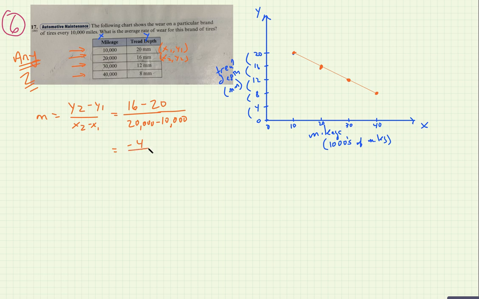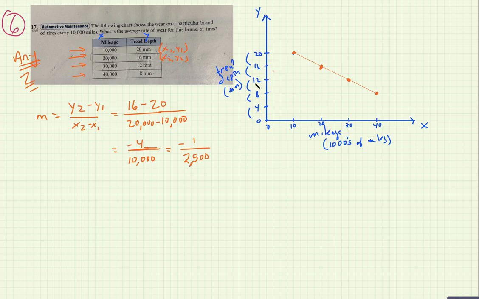All right, so we get minus 4 over 10,000. And to simplify that, 10,000 is divisible by 4, so we get negative 1 over 2,500. So that's our slope.